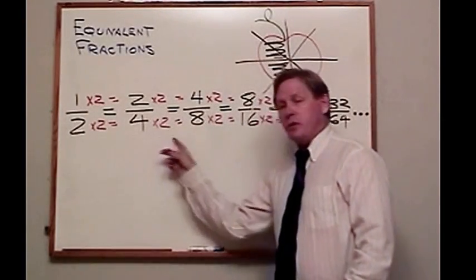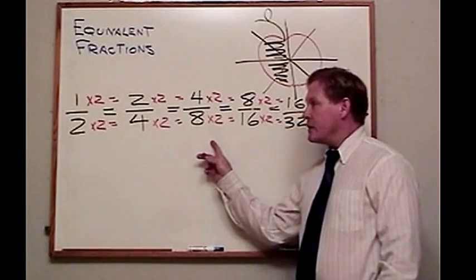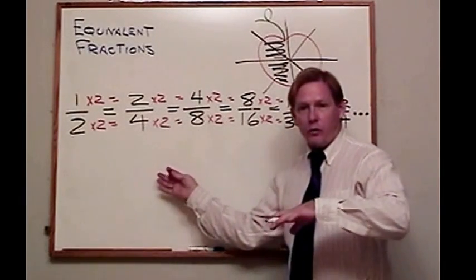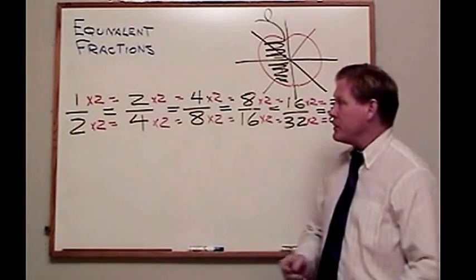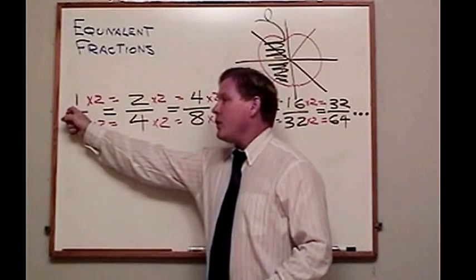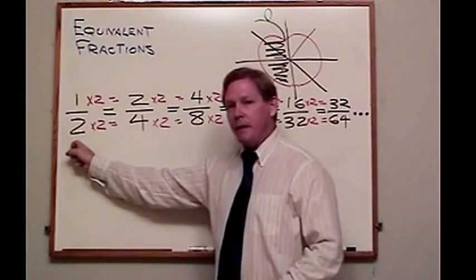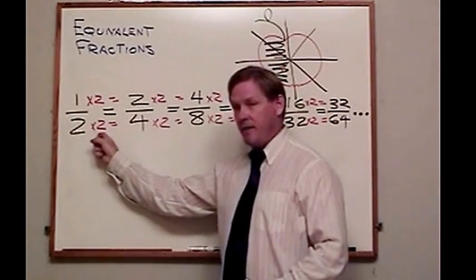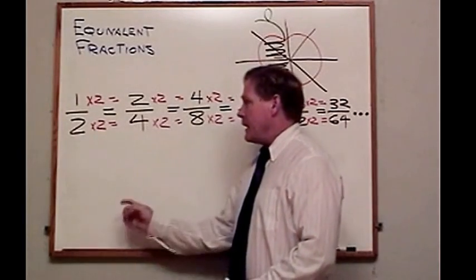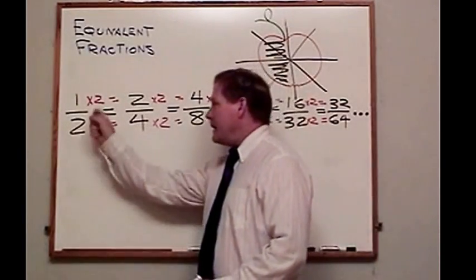This is the rule I want you to understand about equivalent fractions. If you want to create an equivalent fraction, or later on, of course, we want to simplify fractions, any time that you multiply both the numerator and the denominator by the same number, by the same factor, the result will be an equivalent fraction. Let's try that rule again.